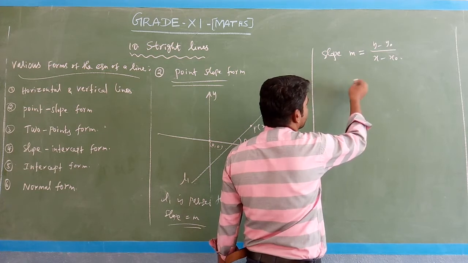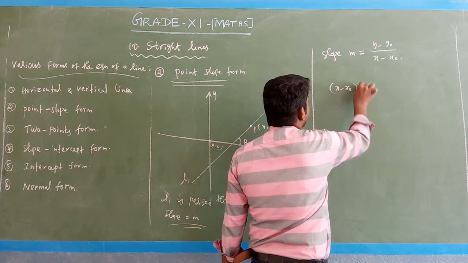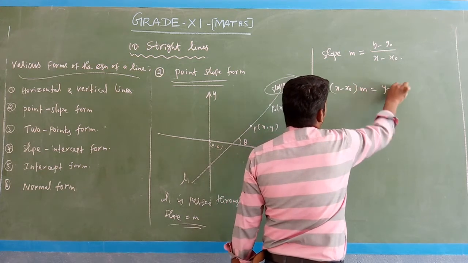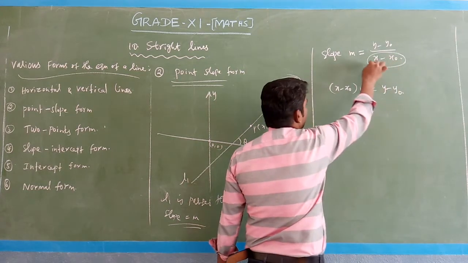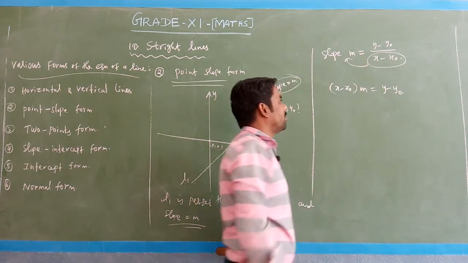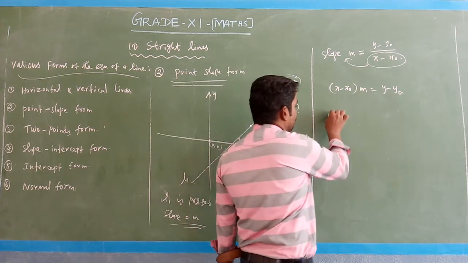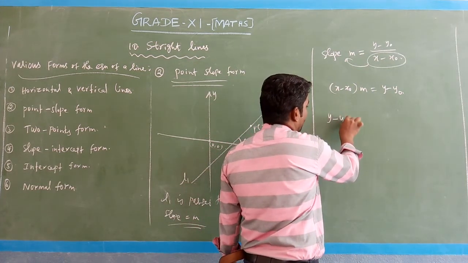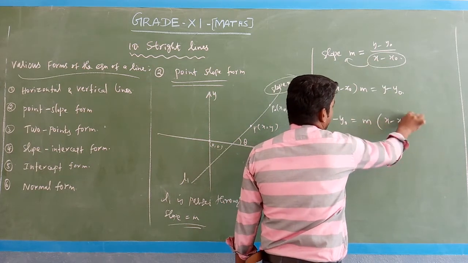Then x minus x0 into m is equal to y minus y0. So m into x minus x0 equal to y minus y0. Therefore the equation of the line is y minus y0 equal to m into x minus x0.